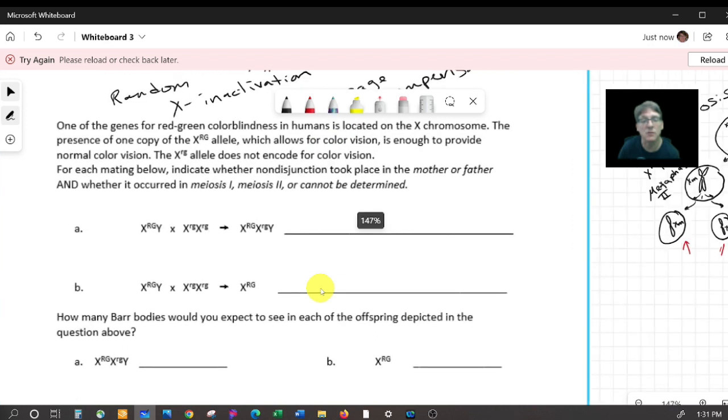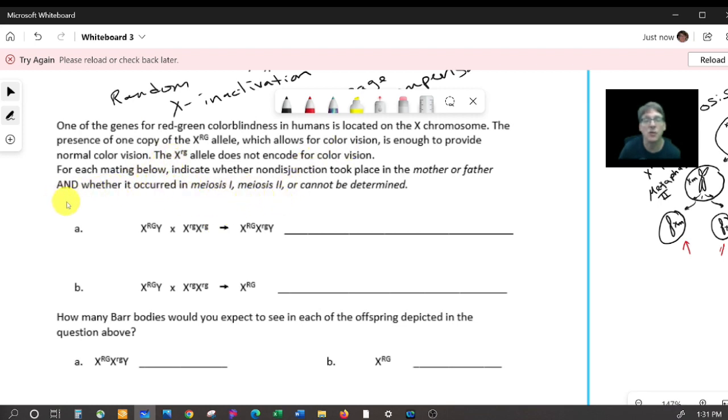these questions. Okay, so when we're looking at this question, we're looking at a situation where the gene for red-green color blindness is found on the X chromosome. Now, this gene has 2 different alleles, where the recessive allele is what gives you color blindness, and the dominant allele is normal color vision. And so here we have the presence of a single copy.